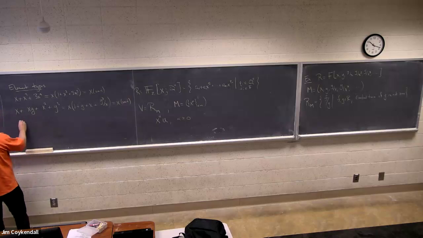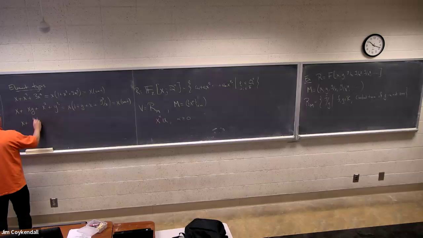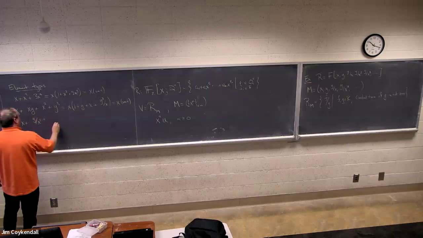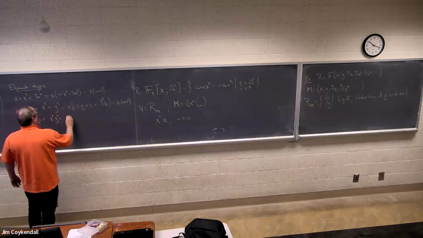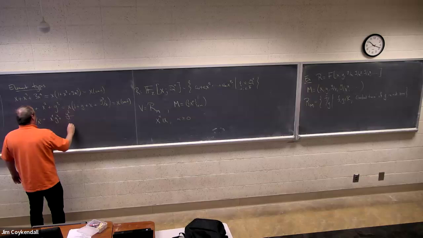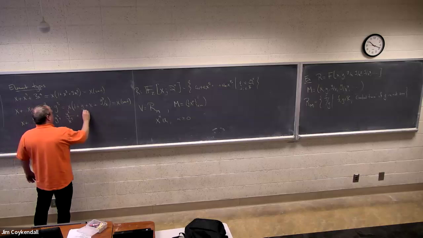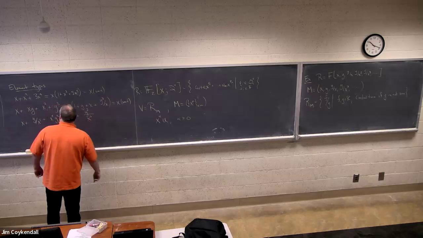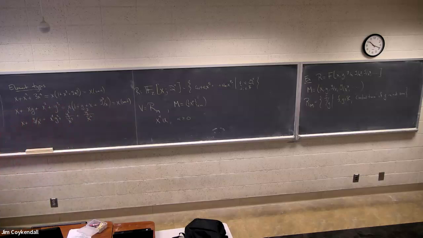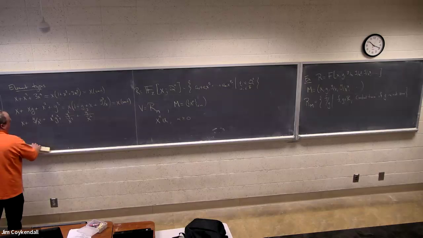So I could have x plus y over x to the 5 plus x^4 y cubed plus y squared over something. Actually, for this one, this is just x again.